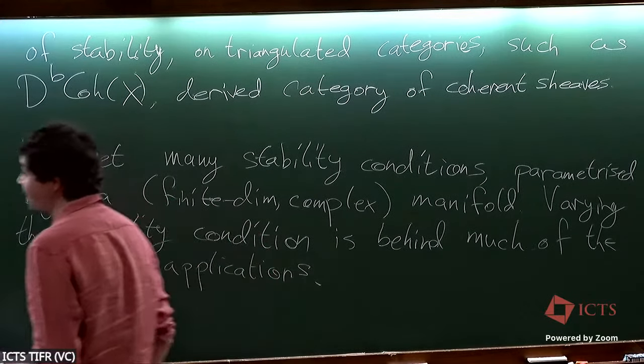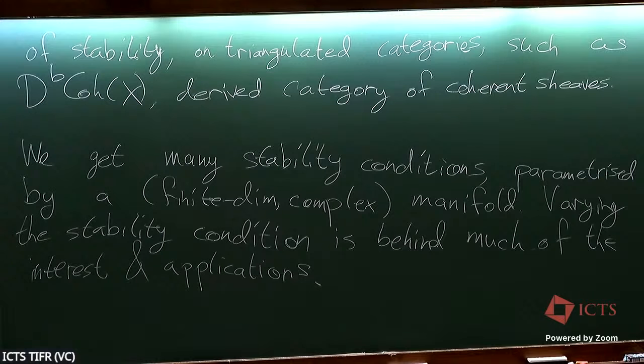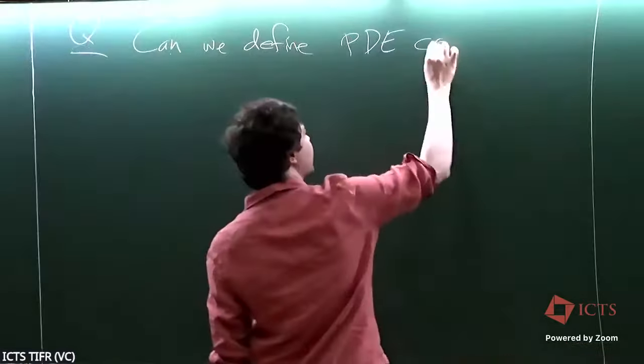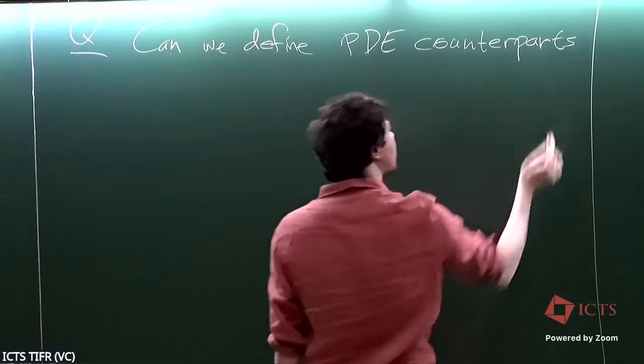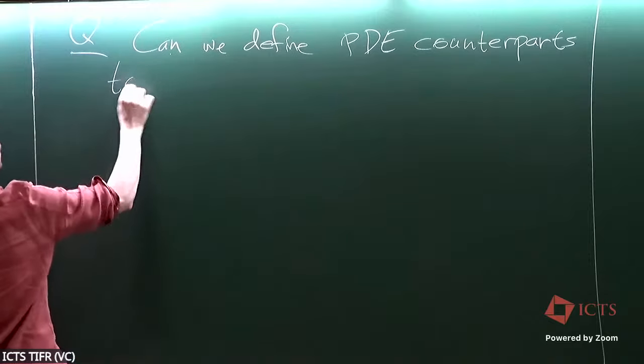Okay, so this leads then naturally to the motivational goal for this mini course. So, question. Can we define PDE counterparts to Bridgeland stability conditions?